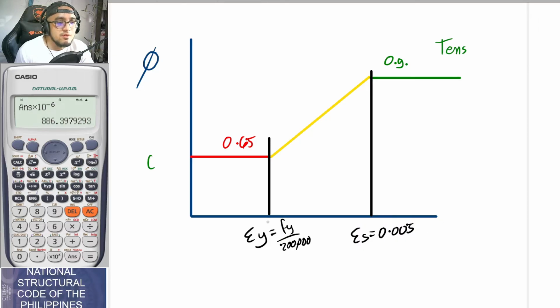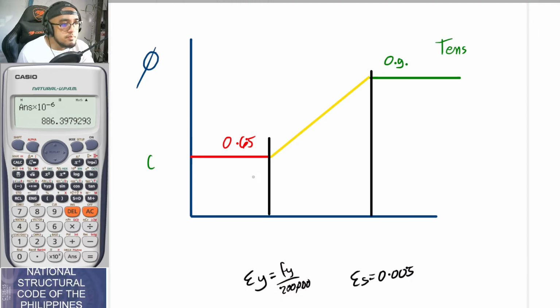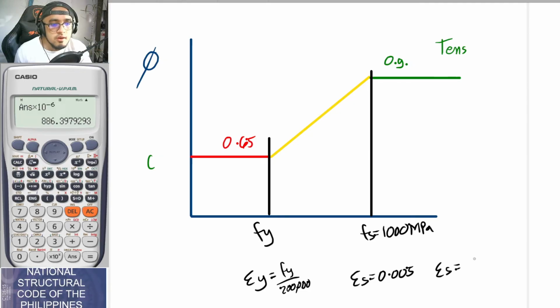And if you do not want to compare the strain, you can also compare it with the value for your Fs and Fy. So with that, I will just be moving this to the bottom part. And this is now to be the limit for your Fy. And this is now to be the limit for your Fs equal to 1,000 megapascal. And this 1,000 megapascal came from this once again because your strain S is equal to Fs divided by 200,000.